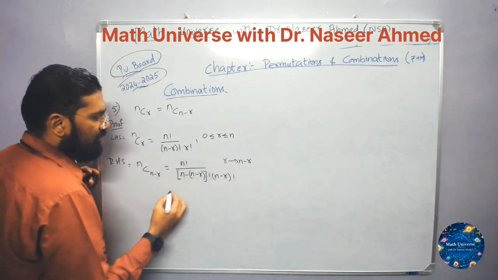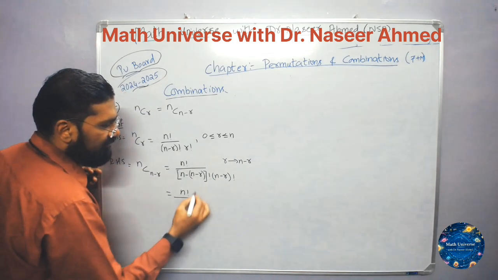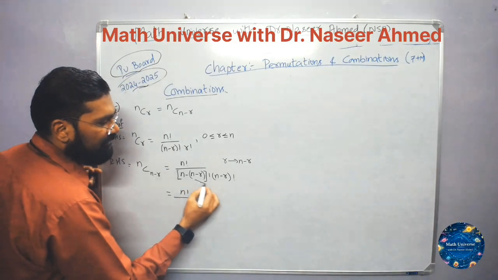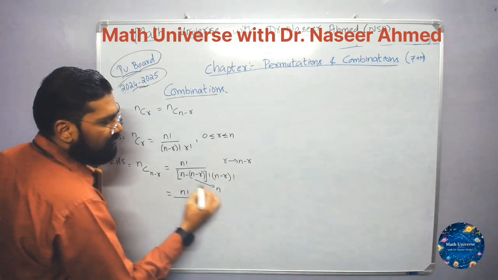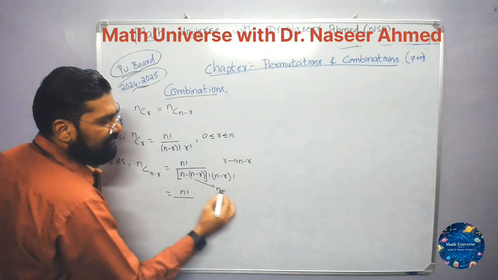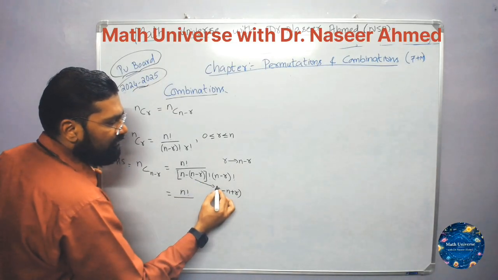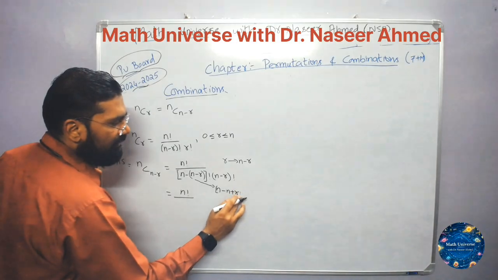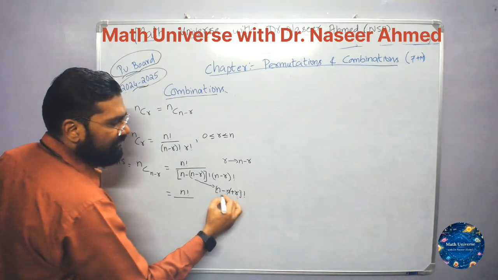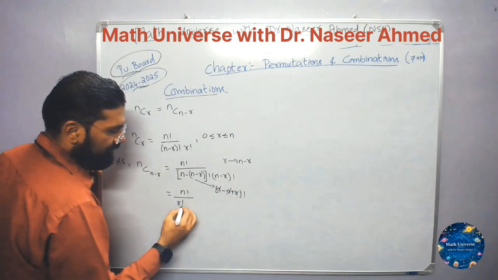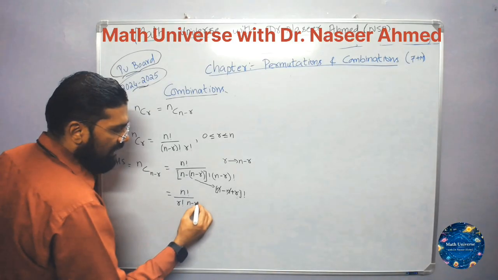Now, what will we get? n factorial, and for the denominator, just see carefully: n minus, then minus times minus is plus r. Let us give a rectangle bracket for the whole factorial, this will get cancelled, so I'll get r factorial, then this is (n minus r) factorial.